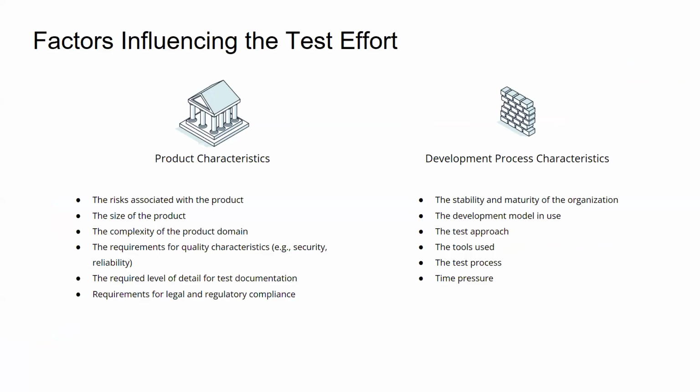It's not life-threatening or something like that. But if we come across something like medical equipment testing, there is a high risk because people's lives depend on it, right? So that is a product characteristic, and based on that risk, we have to determine how much testing we are going to do and how thoroughly we are going to test as well.